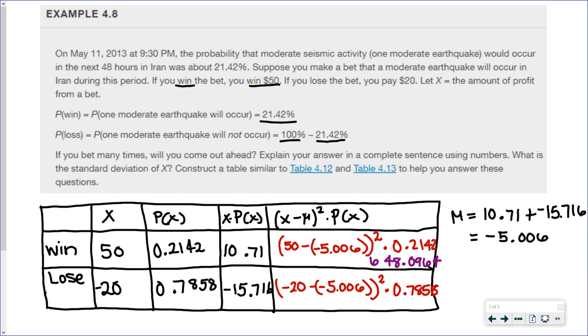Again, I'm going to type this into my calculator and get a number. I get 176.6636.